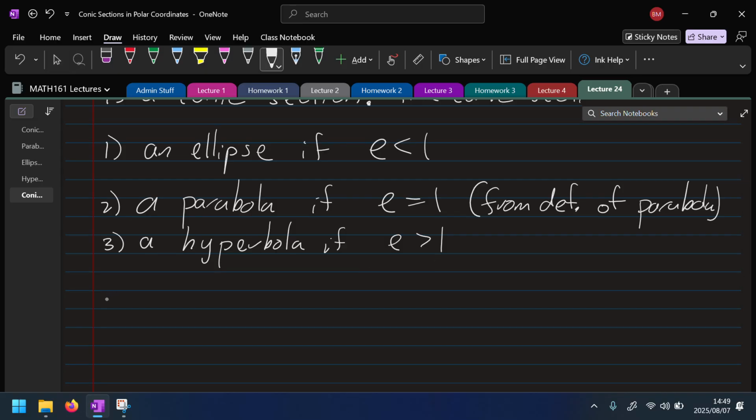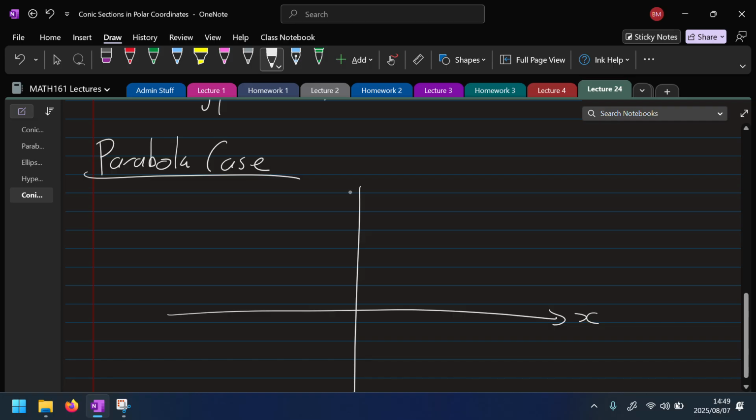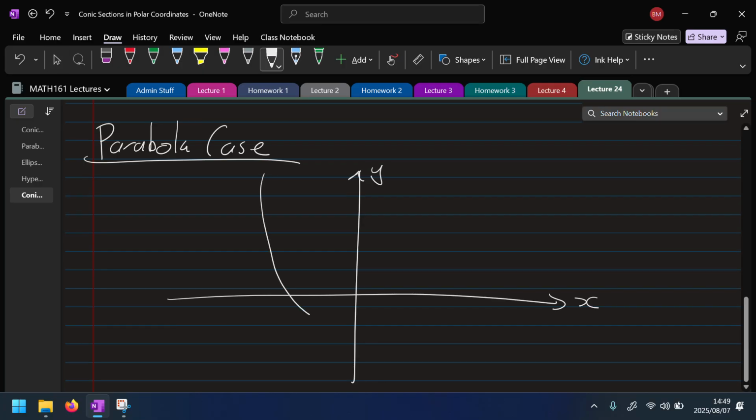Okay, so the parabola case. Yeah, and we're going to do it in the polar form. Okay, so we're going to set up our axes. Okay, we've got our parabola. Okay, I'm going to shift it a little bit.